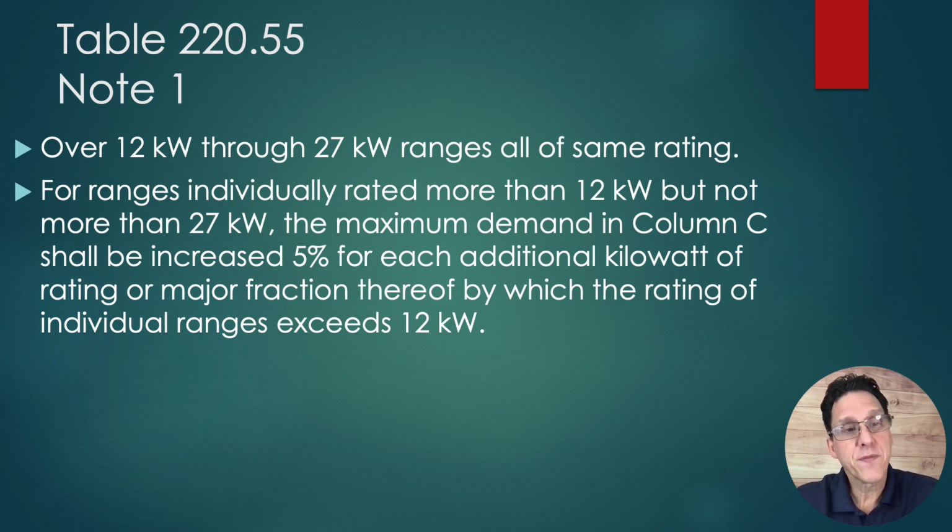So if the rating of the range is 12.5, then we have to increase column C by 5%. If the rating is 13, we increase it by 5%. If it's 14, we increase column C by 10%. If it's 15 kW, we increase column C by 15%. So it's in increments of 5%: 5%, 10%, 15%, 20%, and so on and so forth.